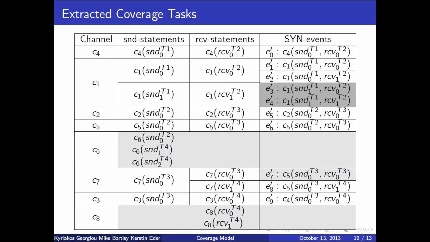But here, statically, you can capture them. It's also the same for the C8 channel. You have receive statements without any corresponding send statements, and again, if the program reaches those statements, it's going to stall.